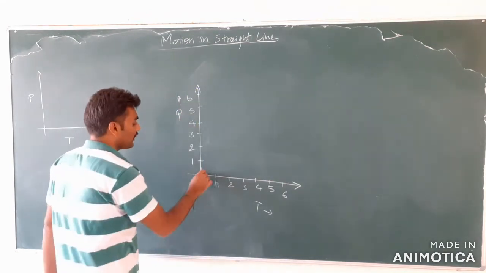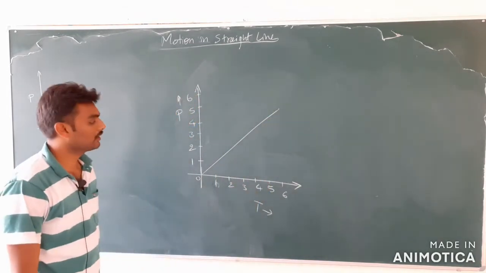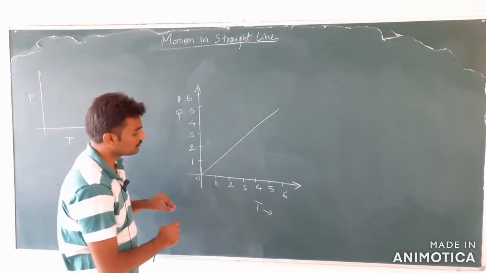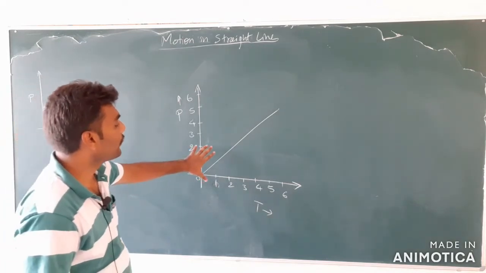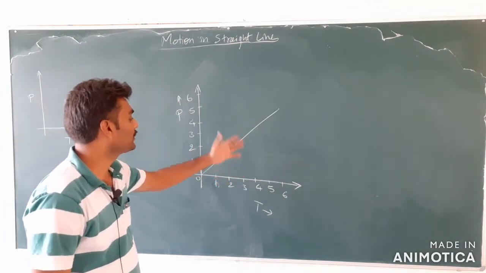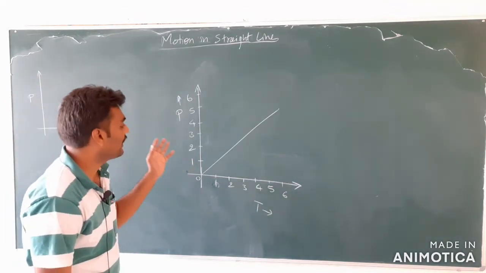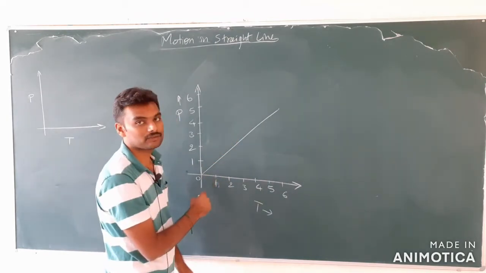So say I have a line like this. What are the uses of this graph? When I look at this graph, I can analyze the instantaneous position of the body.